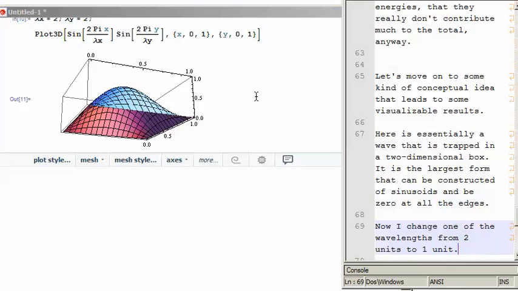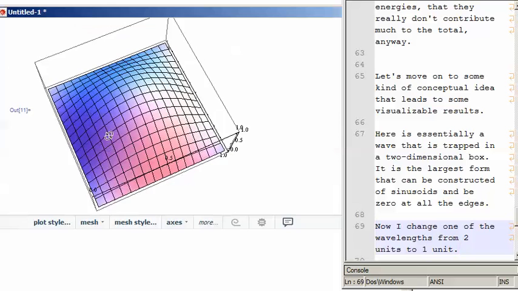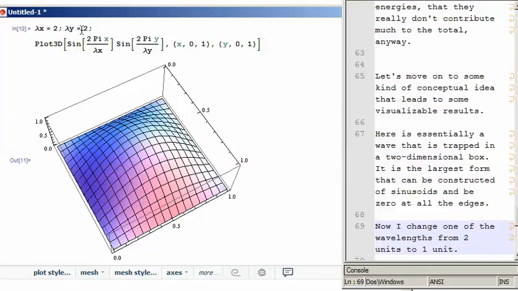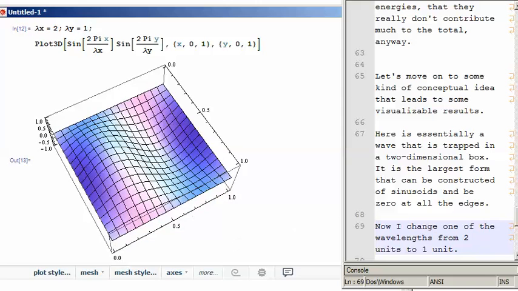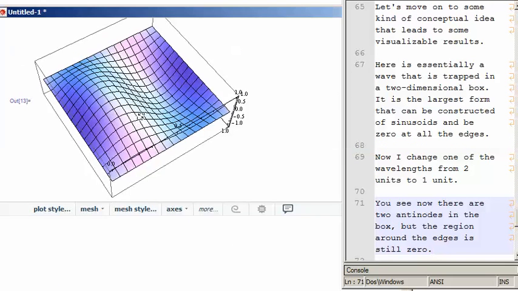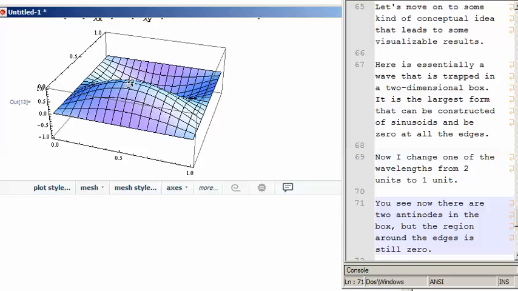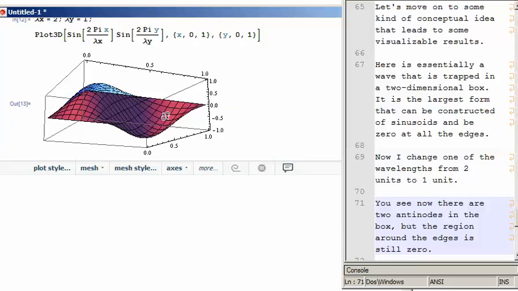Let's see now as I change one of the wavelengths from 2 units to 1 unit. You see there are now 2 antinodes right there and right there inside the box, but the region around the edges is still 0.